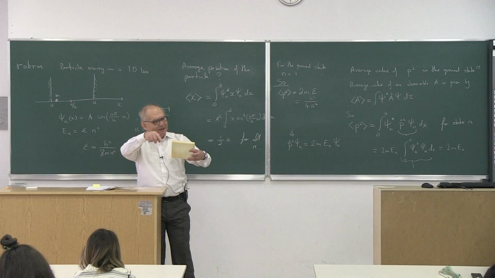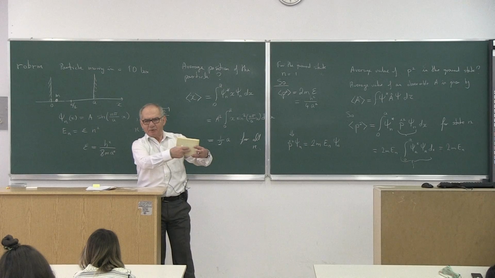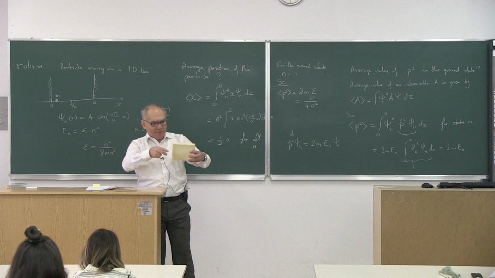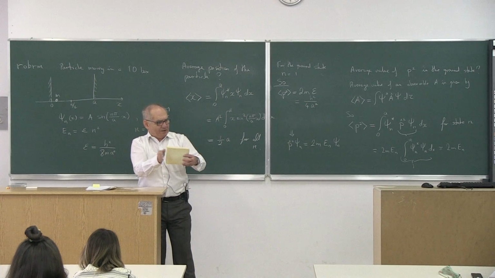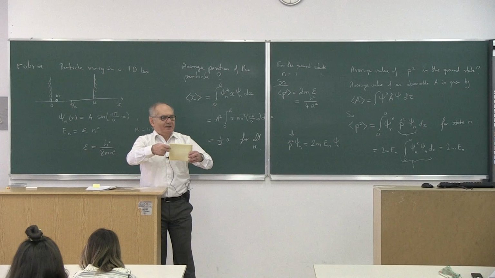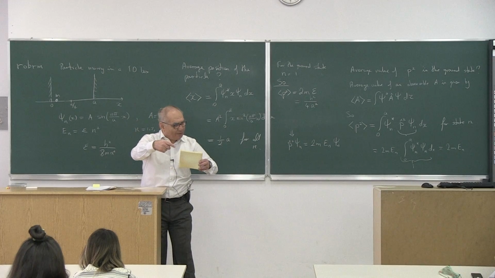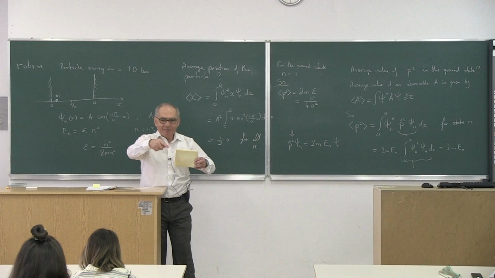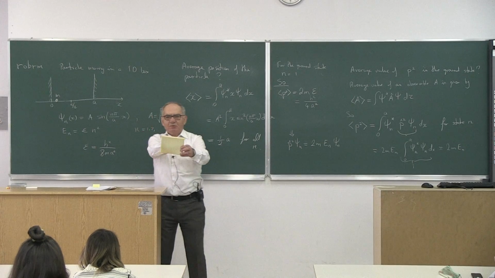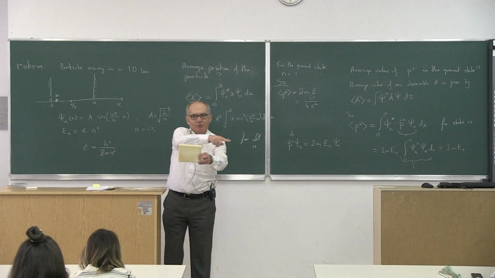Then let us imagine if the particle is moving to the right, p has a plus sign. But once it hits this wall, it will reverse the direction. Then, by convention, p will have a minus sign. Is that clear? Going to the right, plus. Going to the left, minus.